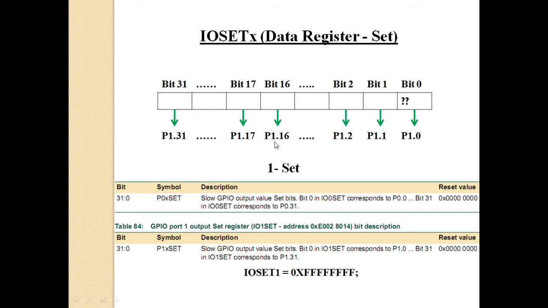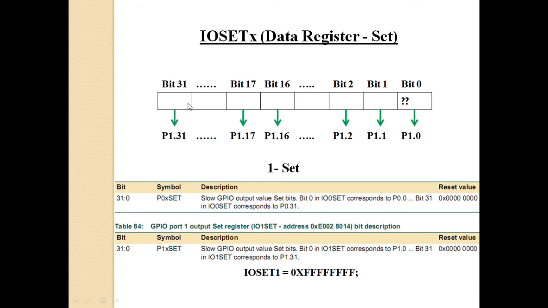All these pins, 16 to 31, will be generating VCC or 3.3 volts, or in other words you are setting all these pins as logic 1, right? So when you are writing 1, you will be setting the corresponding pin as logic 1 and the LED will be on.